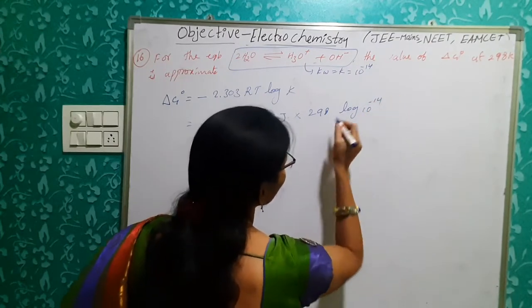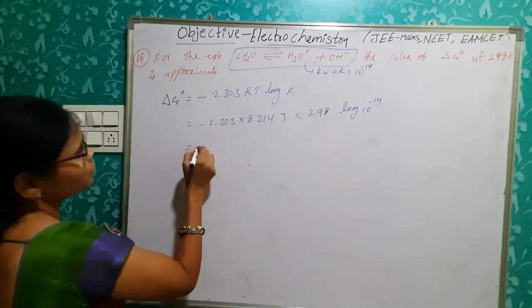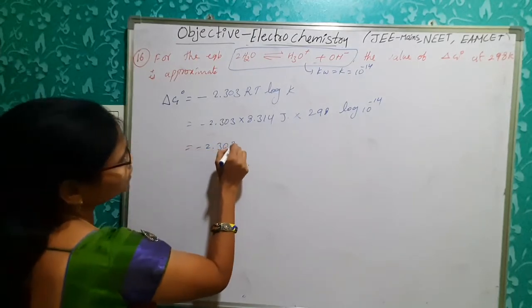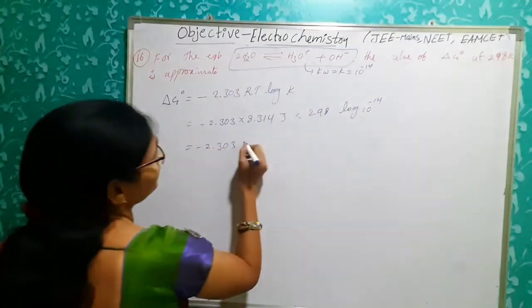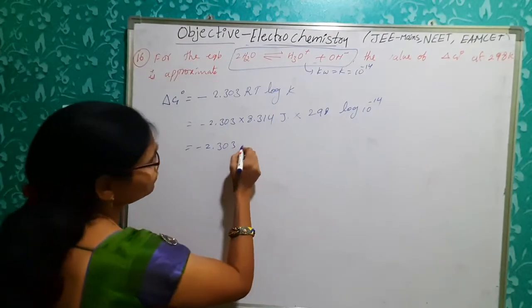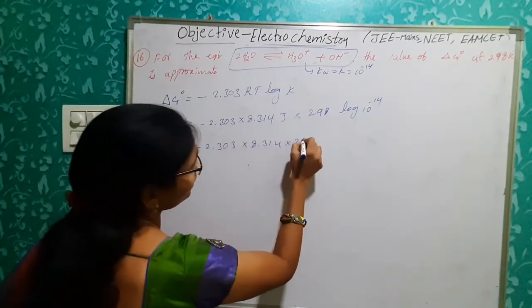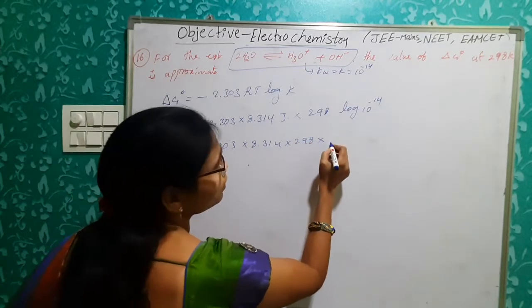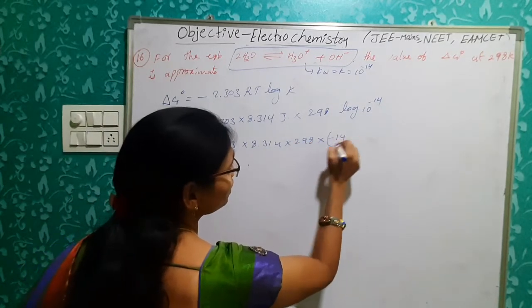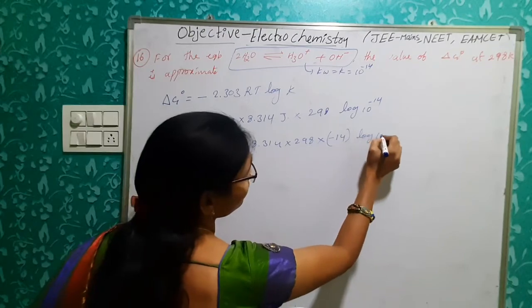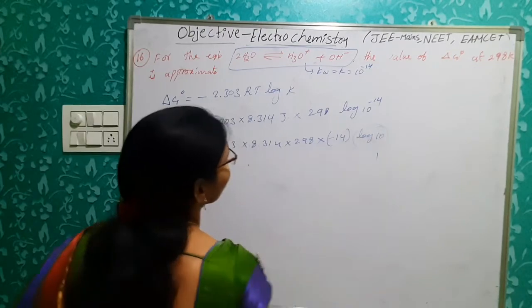Minus 2.303 into 8.314 into 298 into minus 14 into log 10. Log 10 value is 1.